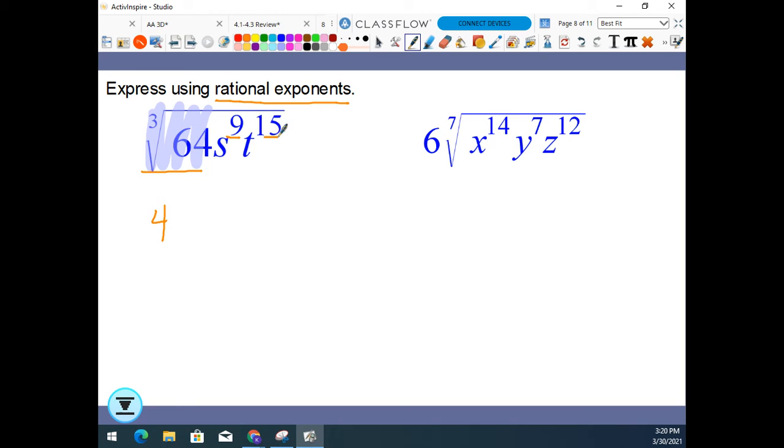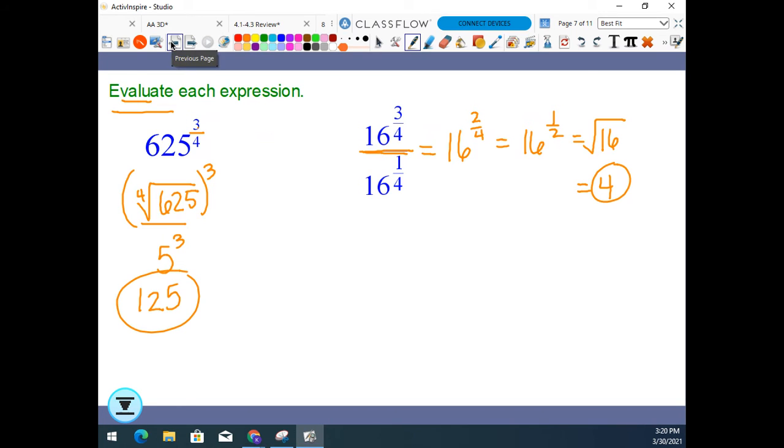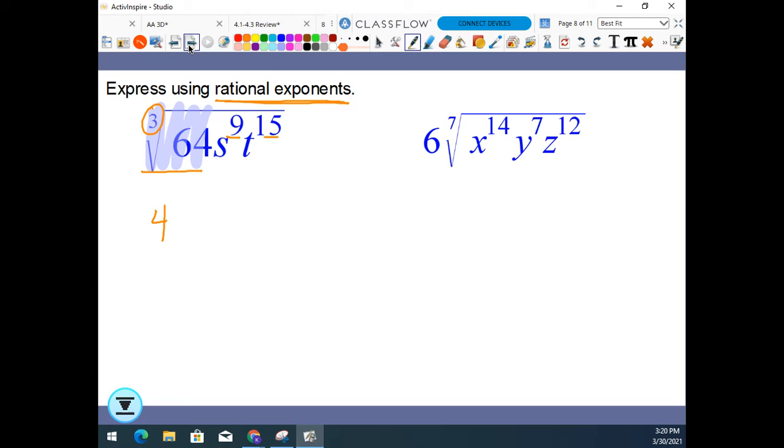Then see how these have exponents. We're just converting our radicals into rational exponents. So remember, where does the root number go? Think back here. The root number came from the denominator, so the denominator goes back and forth. This number can either be in the denominator of the exponent or in the root of the radical.